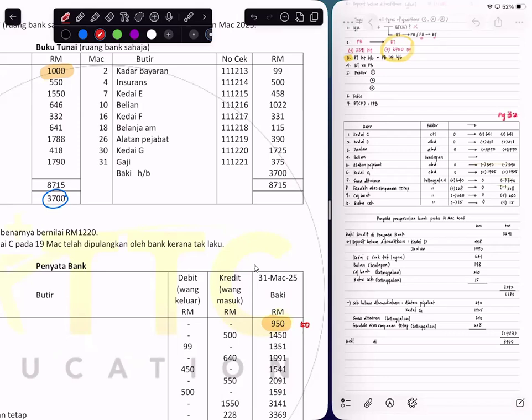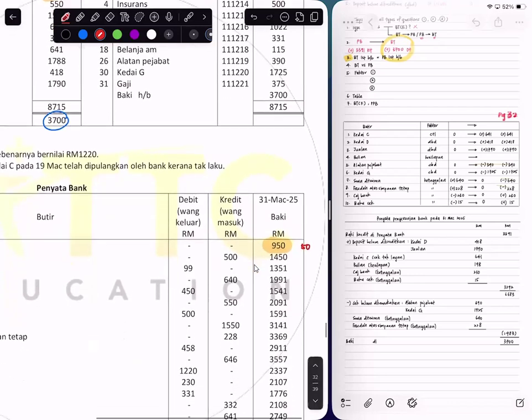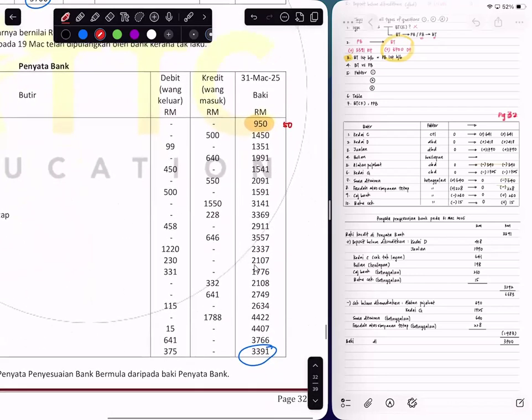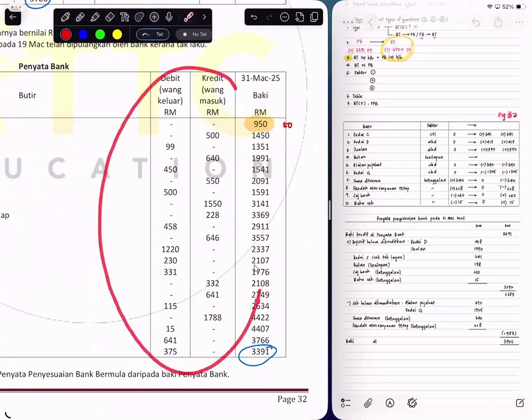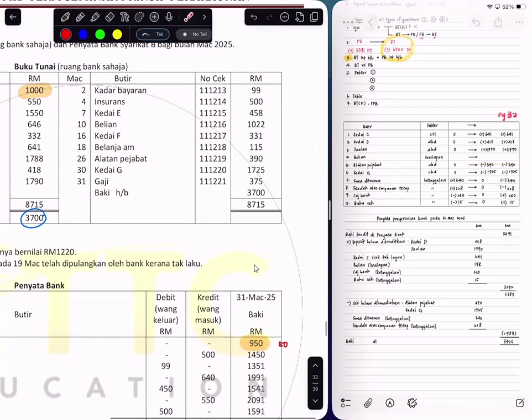Okay, then let's find. Do we have any 50 ringgit? Ngam 50, exactly 50 in penyata bank here? No, right? That means it is made up of more than one cheque. So how to find out the last month's cheque? Go to your buku tunai credit side. You have a list of cheque numbers here. The very first cheque in this month is 213.